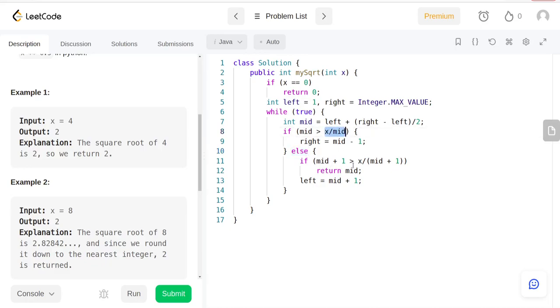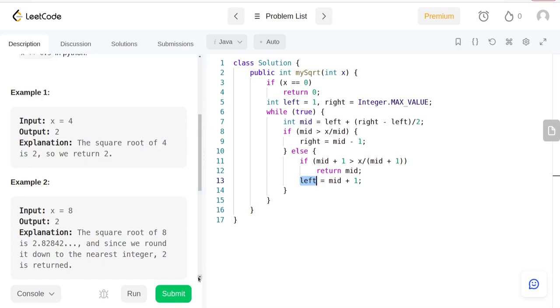If that is the case, all we need to see is, if we add 1 to our mid, does it become the other way around, that mid plus 1 is greater than x divided by mid plus 1? If that is the case, return that mid. That is our answer. Otherwise, we are too small, we need to become bigger, so left is going to become equal to mid plus 1.